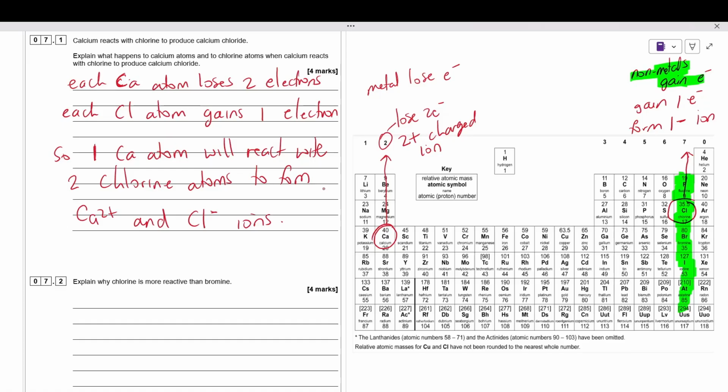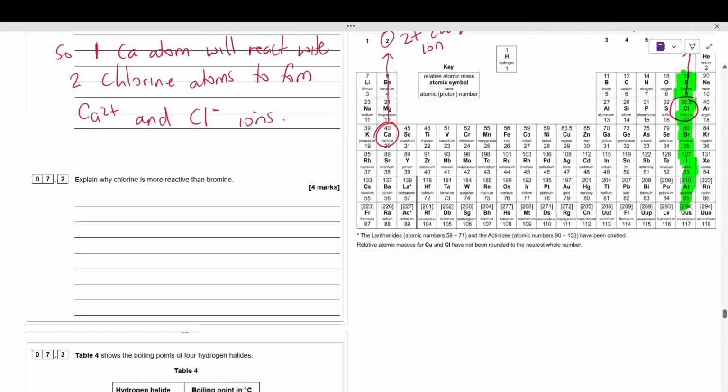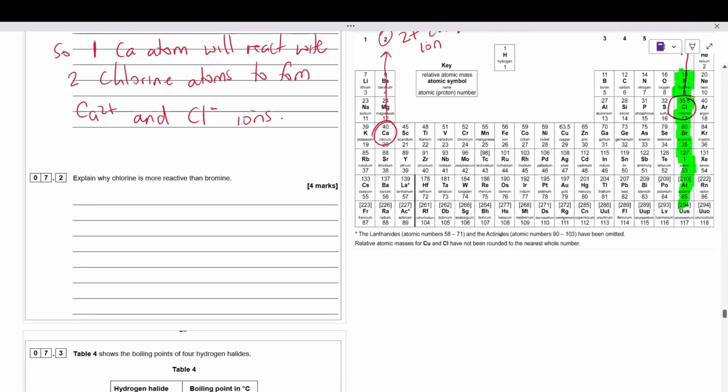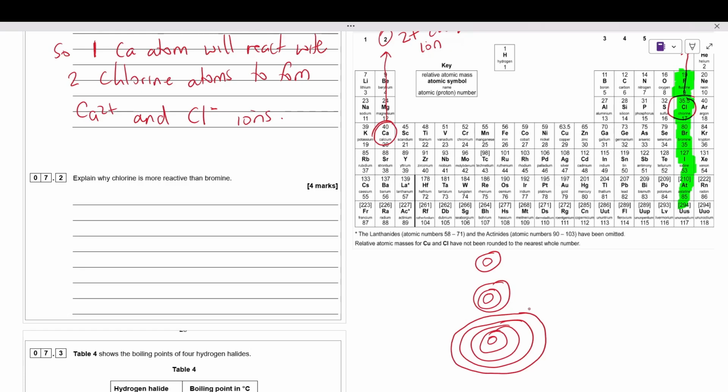Let's just draw what the atom would look like for each of these. So if we have fluorine, fluorine is in period 2, so it has 2 shells. Then chlorine in period 3, so 3 shells. Then we're going to have 4 shells, 1, 2, 3, 4. And as we're moving down, we're going to have an additional shell as we're moving down that group.